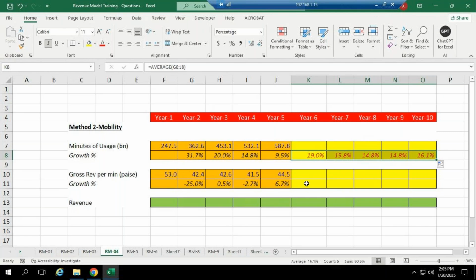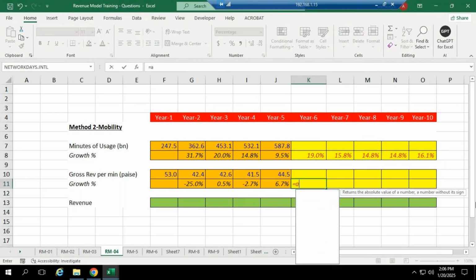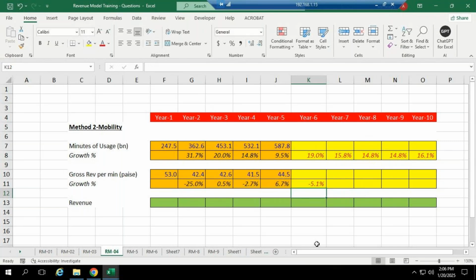So then in the same way for this also, is equal to average of all the years. Again close the bracket and then press enter. Again you have to drag it over here. That's all. Now again, how to calculate this?